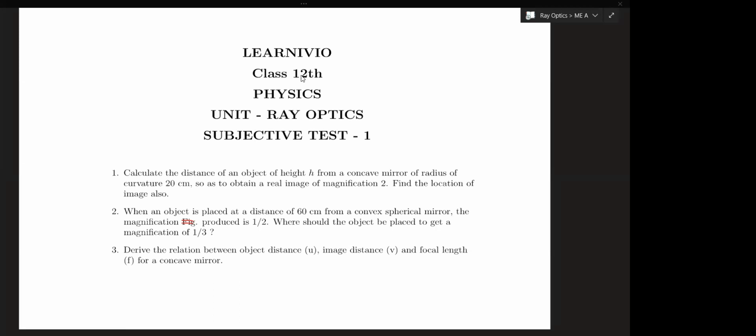I have received your paper also. Hamza and Hiba, what about you? Have you submitted it or not? Okay, okay. And what about you, Hiba? Have you also submitted?